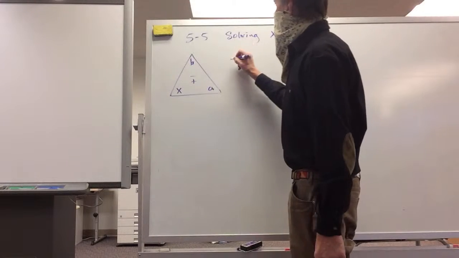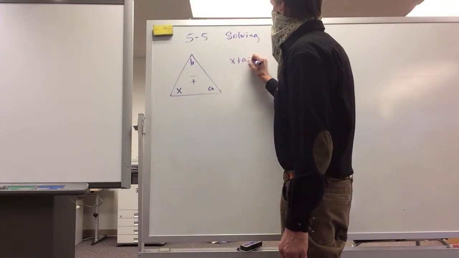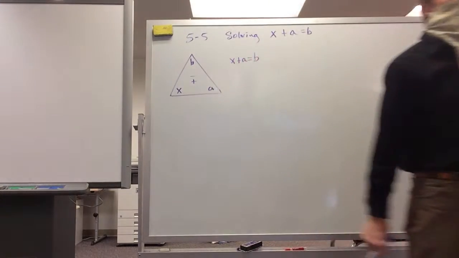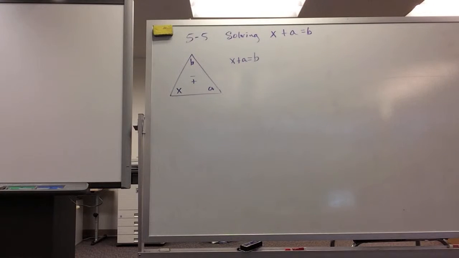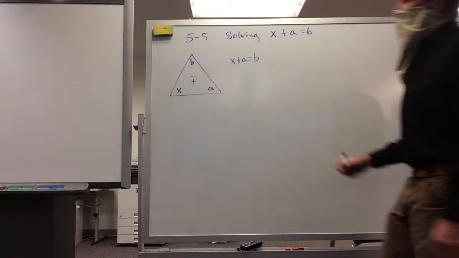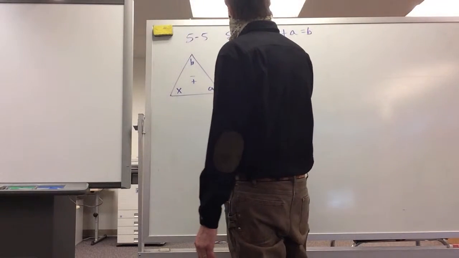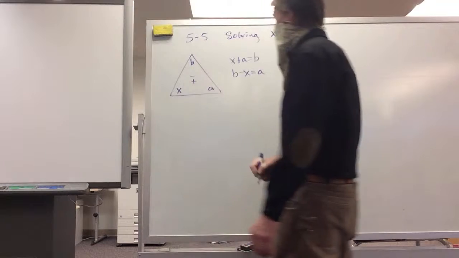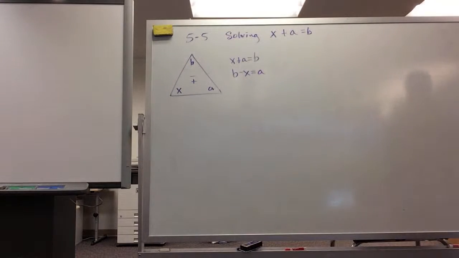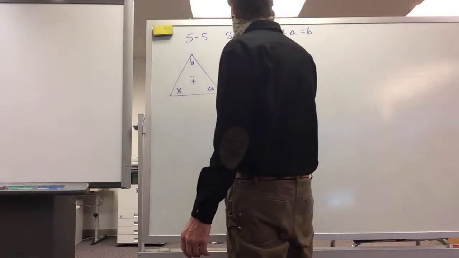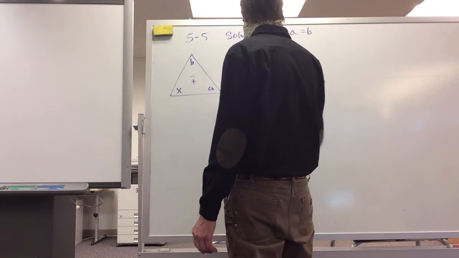We've got the first one, X plus A is equal to B. What's another one? B minus X equals A. What's another one? B minus A equals X.